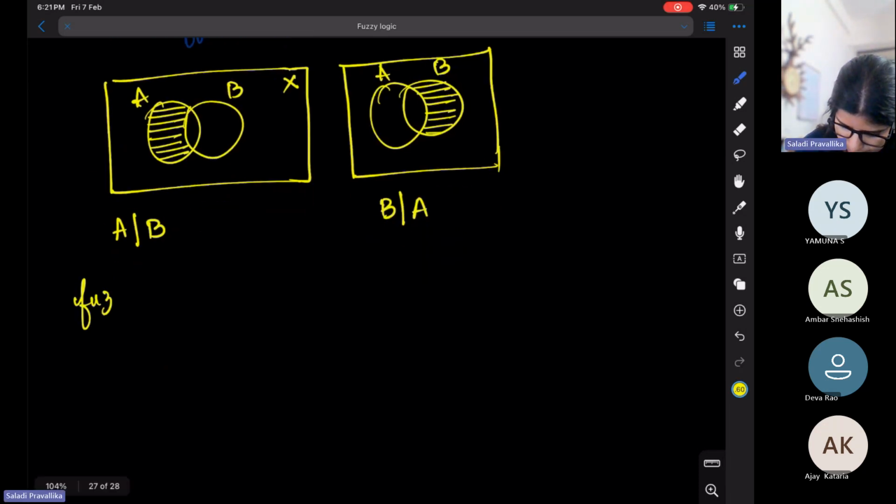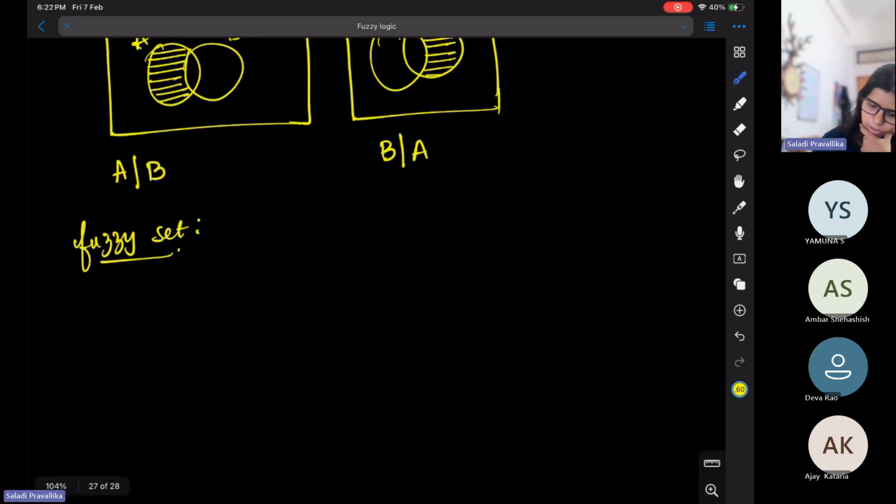Coming to the fuzzy set, what you do is, previously for a membership function value, we have taken one maximum or one minimum between A and B and all of that, right?